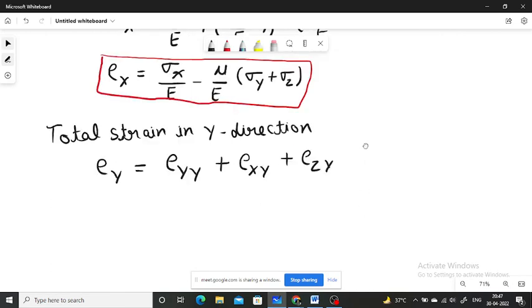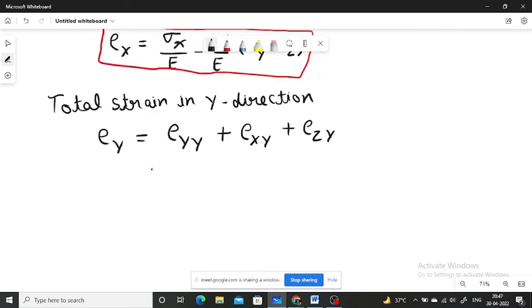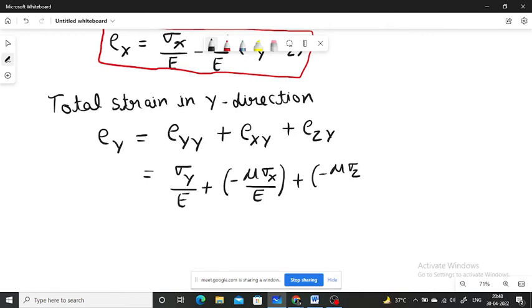Okay, here Eyy is longitudinal strain, which is sigma y by E, and other two are lateral strain, which is equal to minus mu sigma x upon E plus minus mu sigma z upon E.